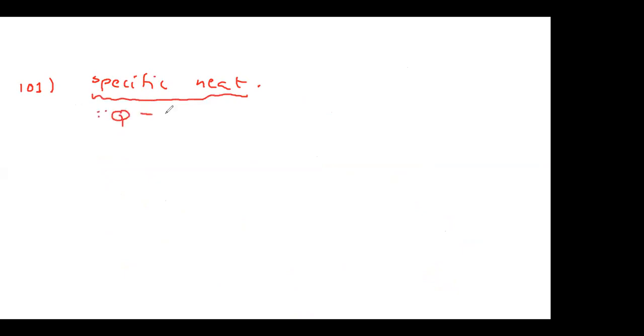Total heat is mass into specific heat into change in temperature. So specific heat is Q upon m theta. Q is heat, heat is energy, and the dimension of energy is M1 L2 T minus 2.